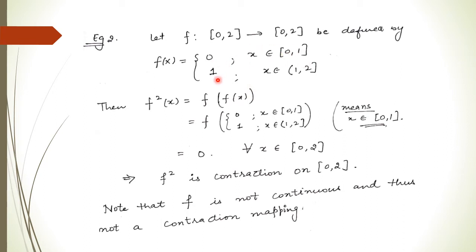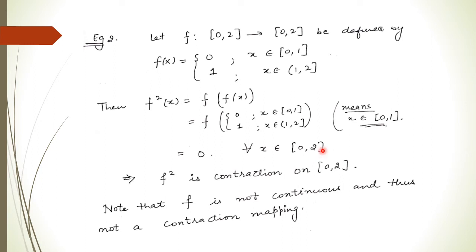It means the value of f of x is always either 0 or 1. Both these numbers lie in the first interval, and whenever x belongs to it, the value of f is 0. So f of this is always 0 for every x belonging to the closed interval [0, 2].